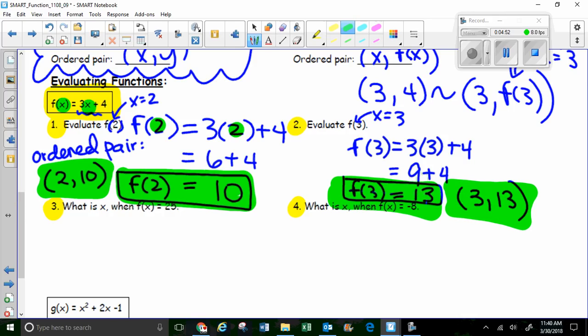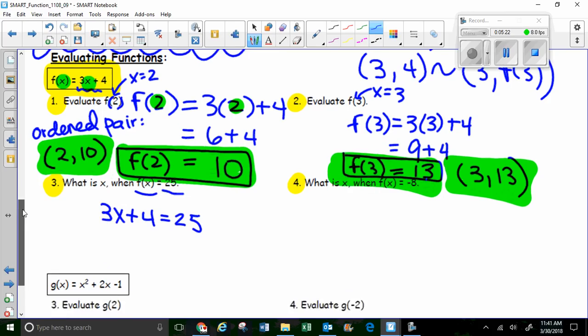Not too bad. Now, you've got to be careful because you're also sometimes asked to find what the input was, what the x value was for a specific output. So if you look here, 25 is on the outside of the parentheses, so it's an output. So I'm going to take my function rule, f of x, which is 3x plus 4, and I'm going to set that equal to 25, because my function had an output of 25.